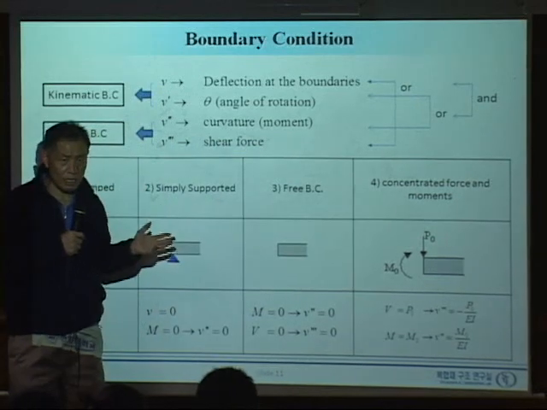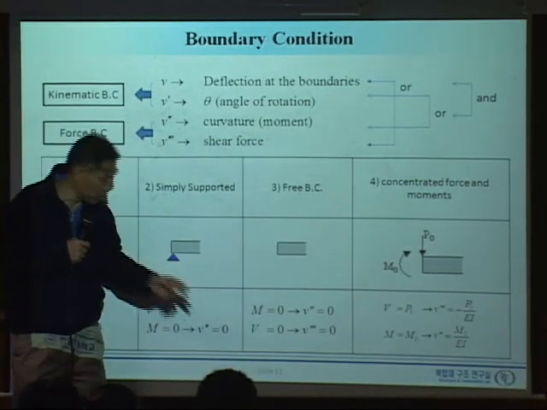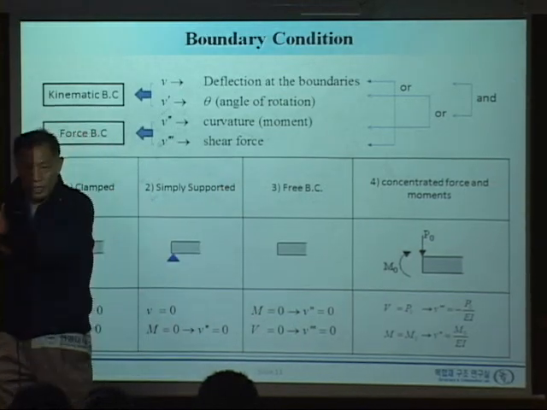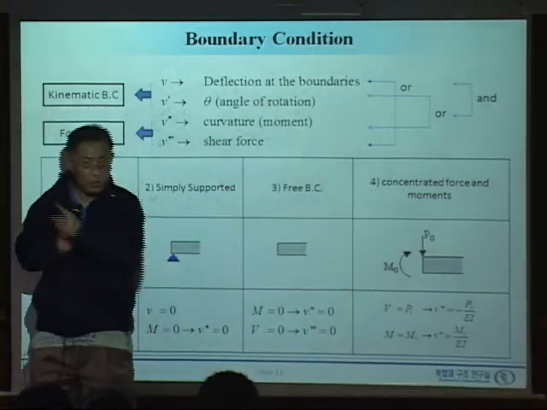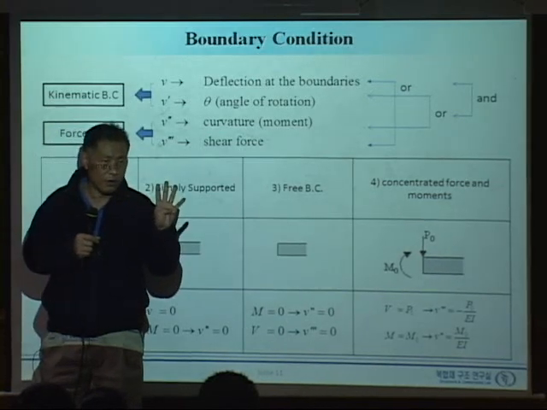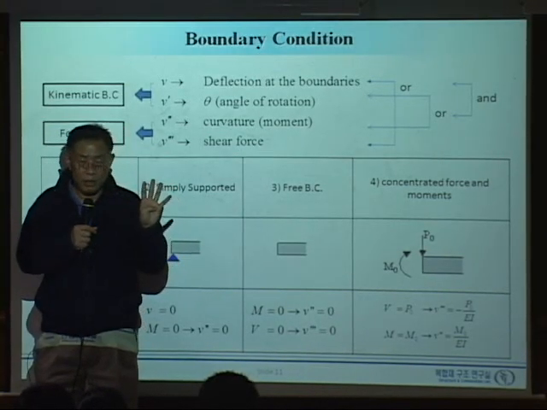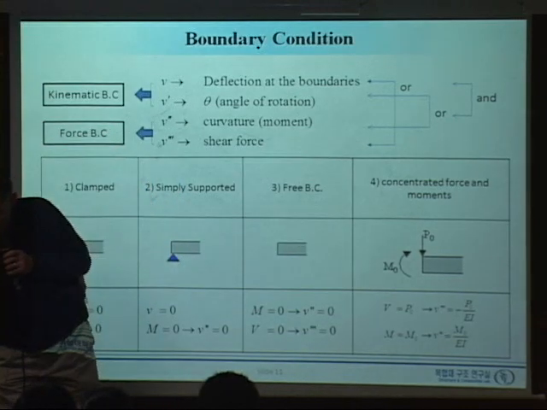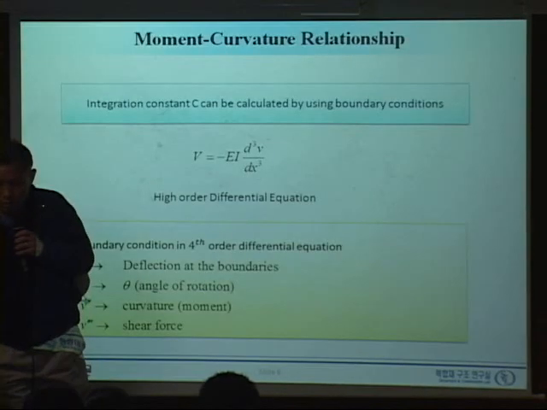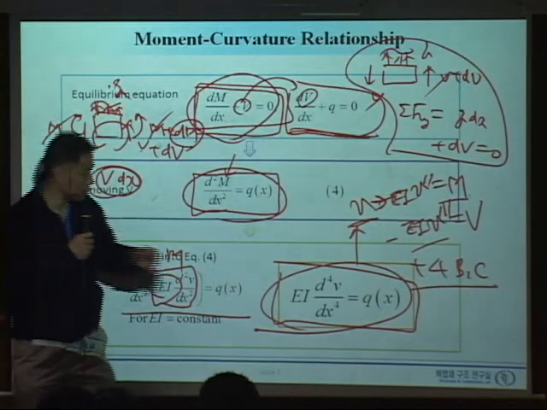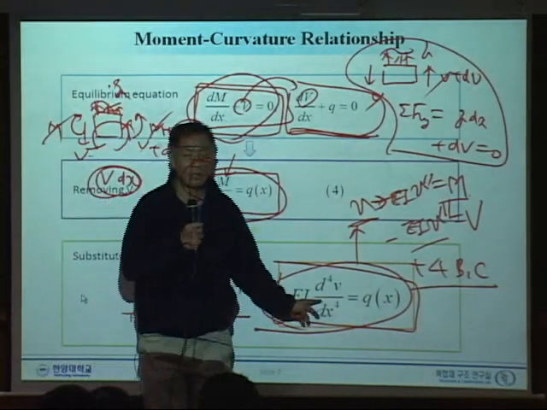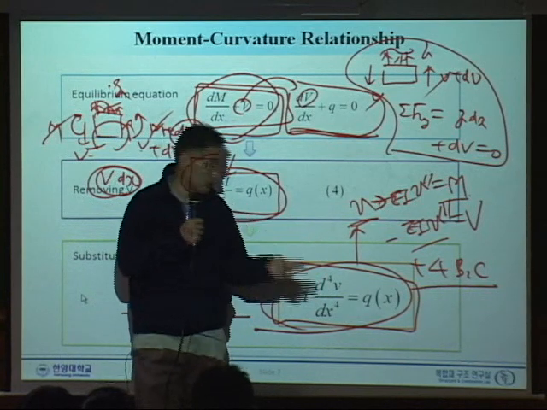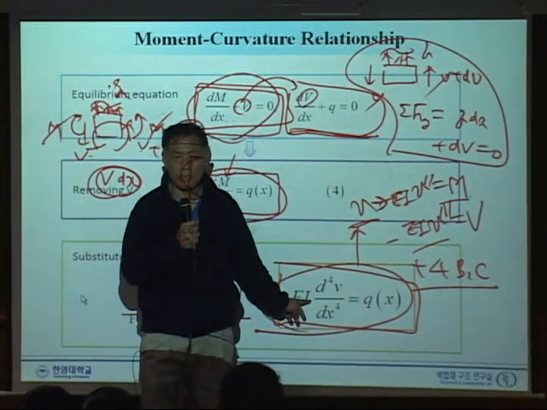So each boundary has 2 conditions, left-hand side and right-hand side, totally 4. Let me ask, why do we need 4 boundary conditions? Yes, there are 4 integration constants after the integration, right?